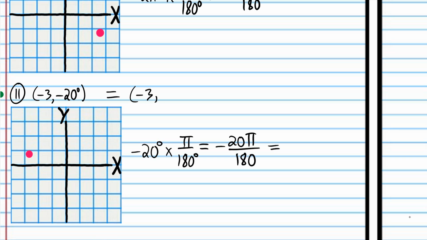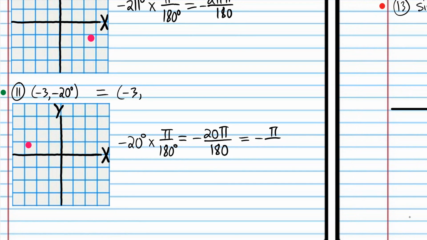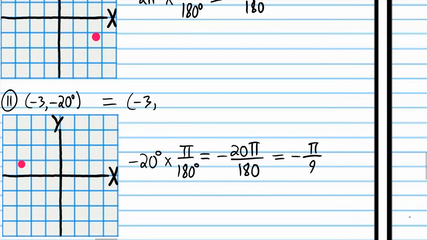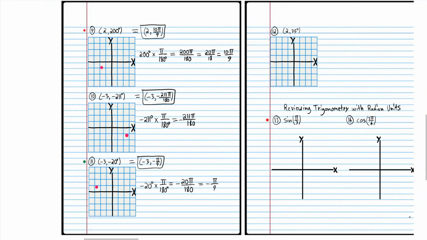If we divide both sides by 20, we get negative pi over 9. So that's the angle measure in radian units. So if you got that right, excellent, very good.